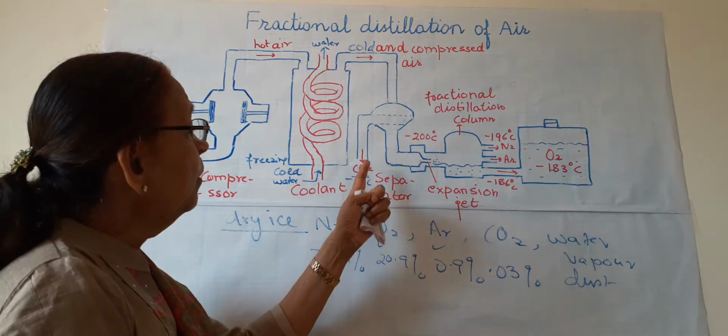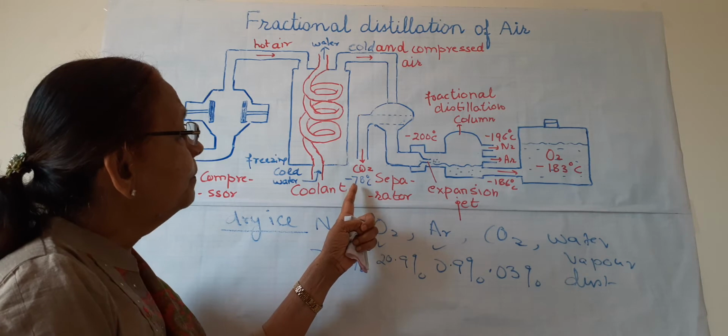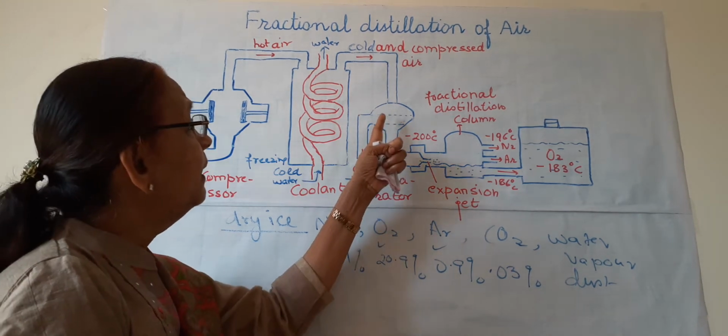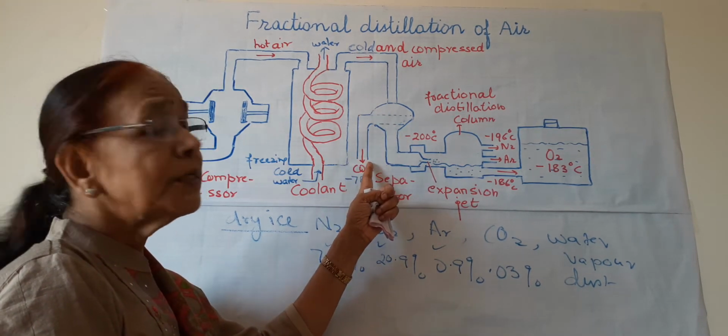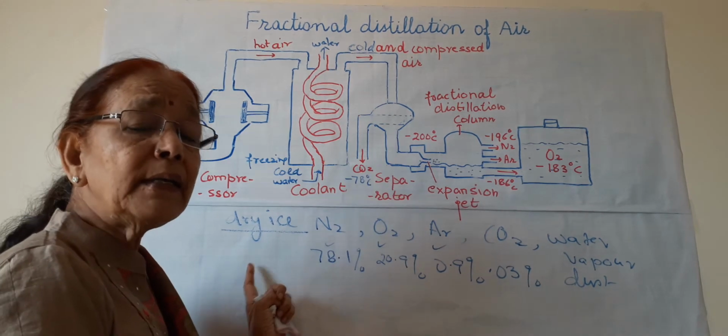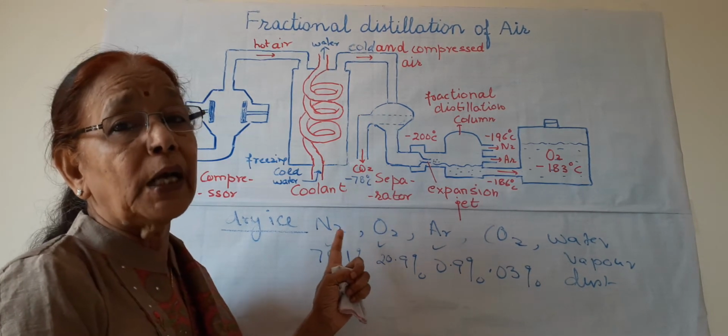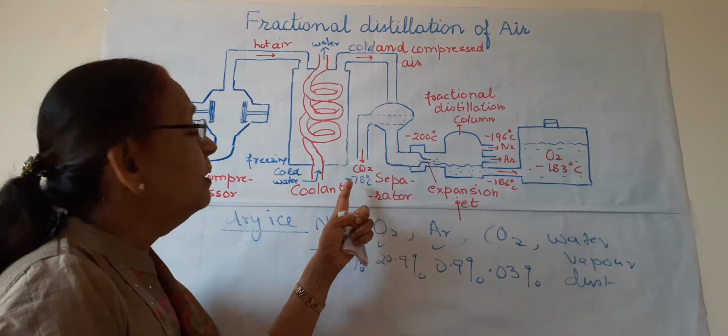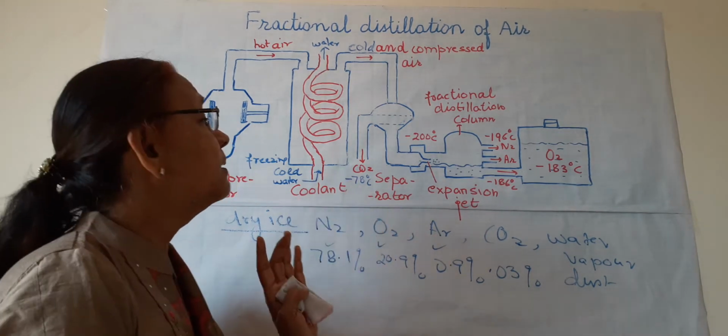So this is how this carbon dioxide at minus 78 degrees centigrade comes out from this opening as dry ice or solid carbon dioxide. Its freezing point is minus 78 degree centigrade.